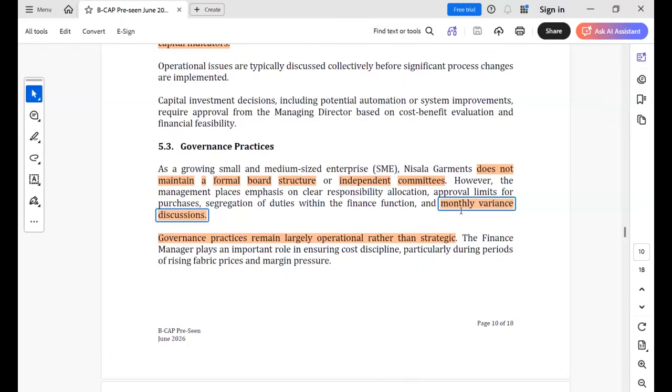That 20 rupees we call an adverse variance, because you have paid more. It would have been a favorable variance if you had paid less than 100 rupees.